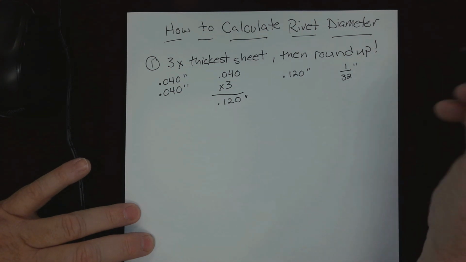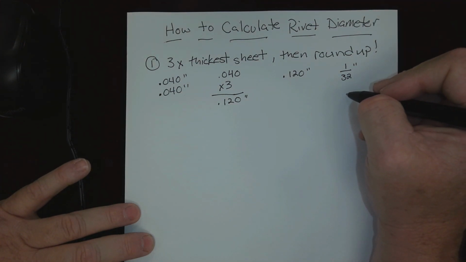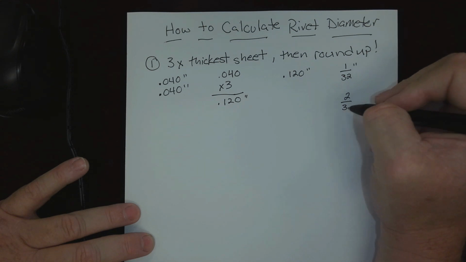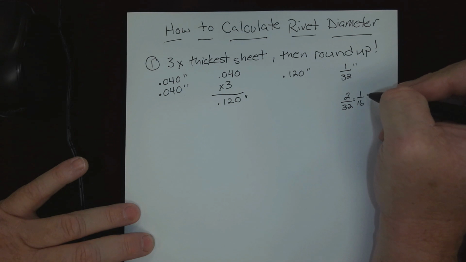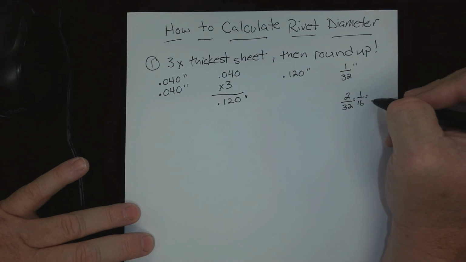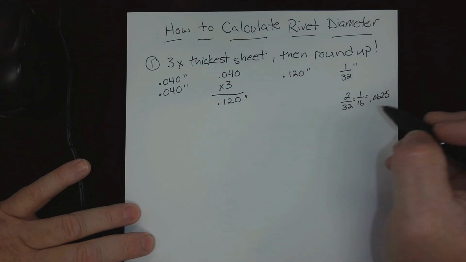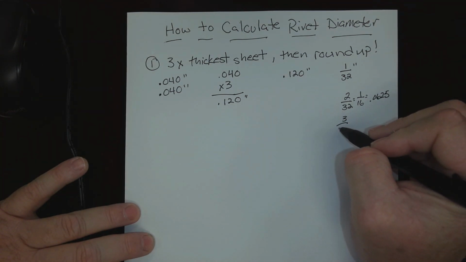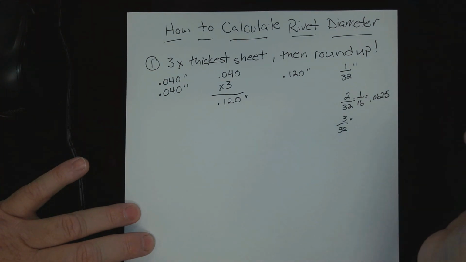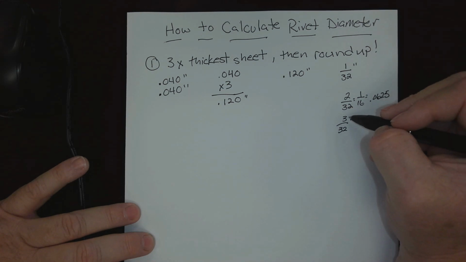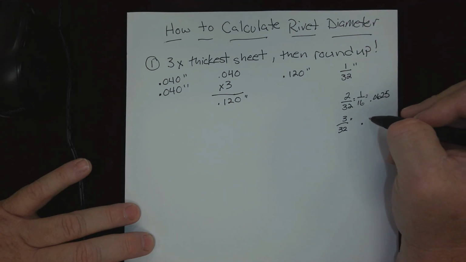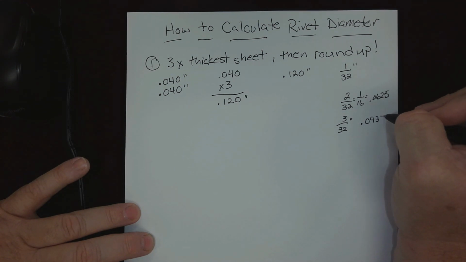Well, that means that if I have 2/32, that would also equal 1/16, which would equal 0.0625. 3/32 of an inch won't reduce, but if we divided 3 by 32, that would give us our equivalence, and I think that's 0.09375.